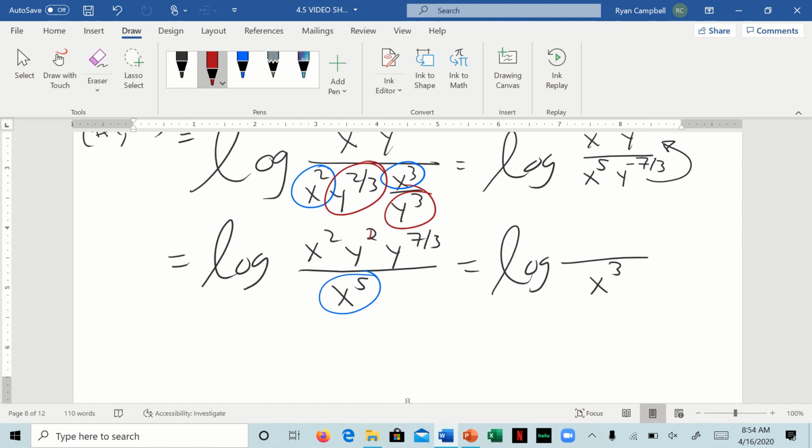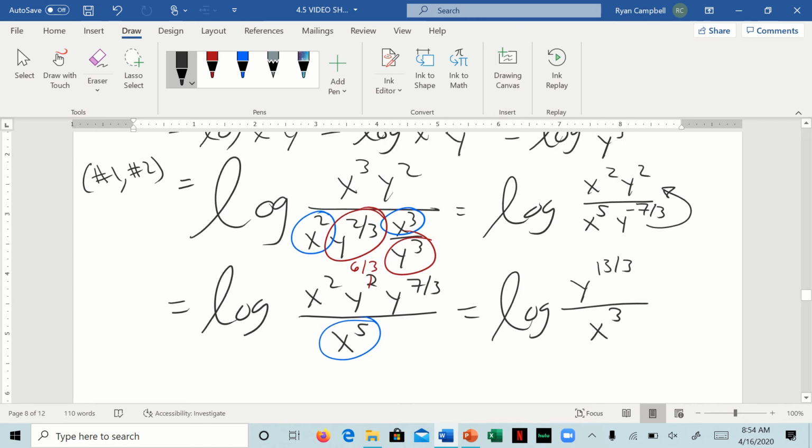And then for the y's, you have 6/3 plus 7/3, which is going to be 13/3. Oh, there should be a cube up top. All right, that was the problem. Yeah, cube up top, which would be a square on the bottom. There we go. All right, so that'll be the answer.